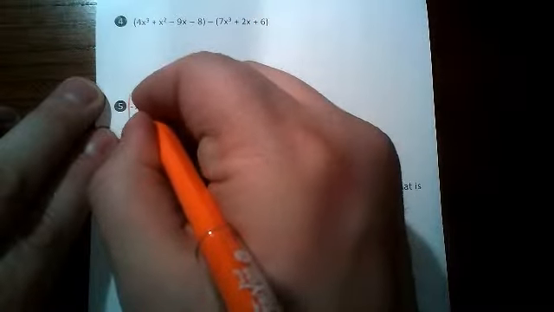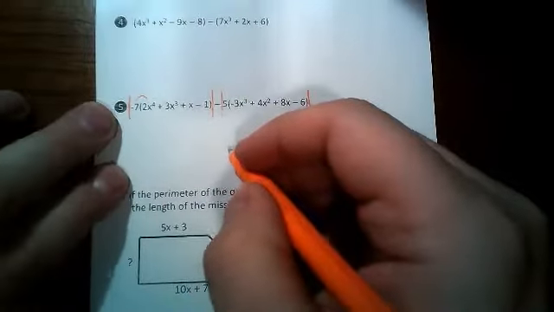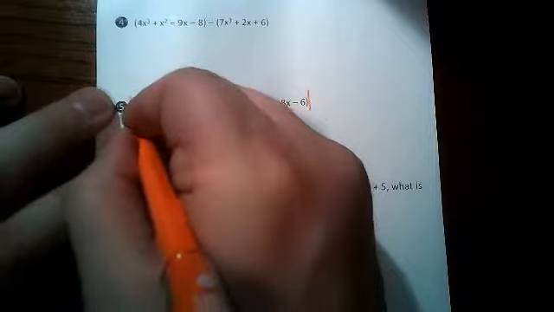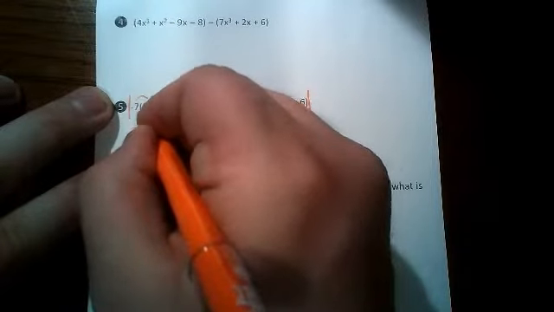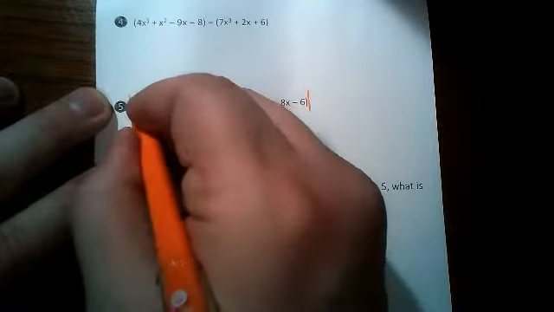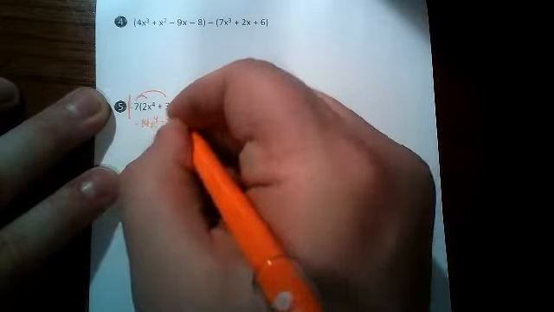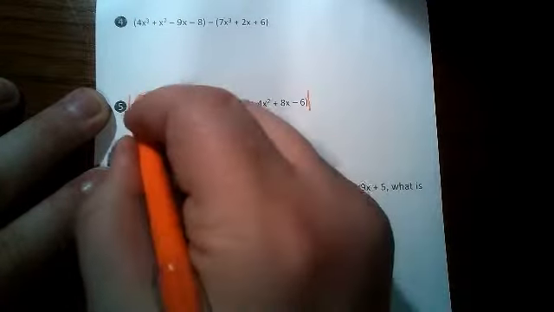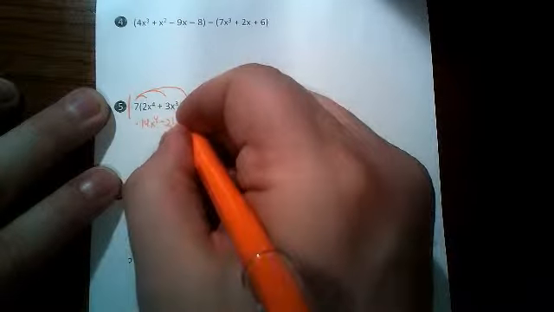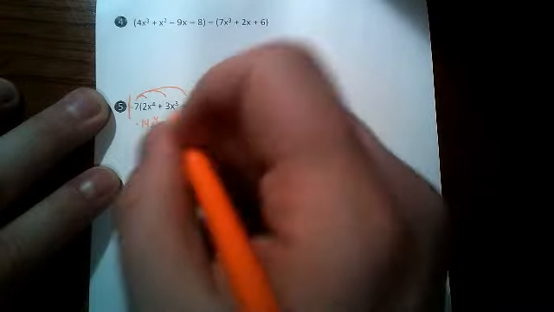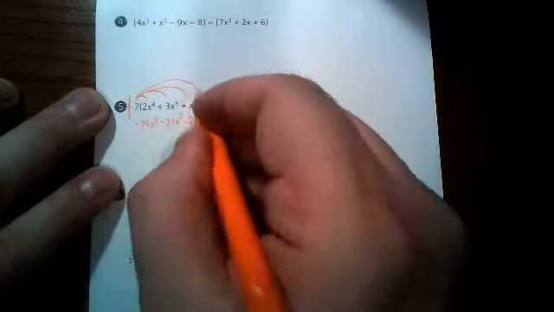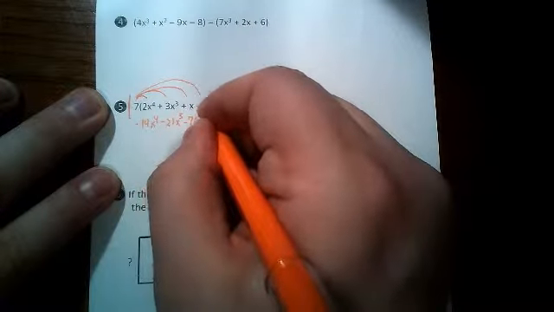Now we have to change them by distributing in that number. So we distribute in the -7, and we get -14x to the 4th minus 21x cubed minus 7x and plus 7.